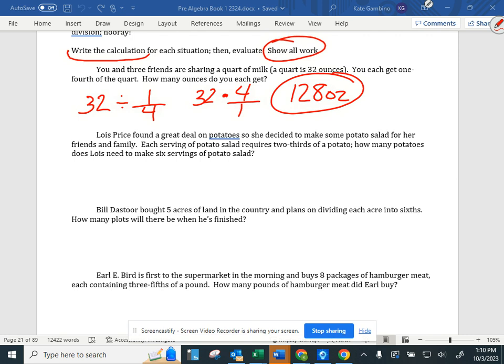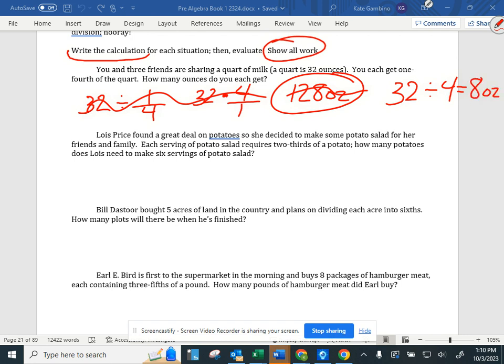quarts of milk. Okay. So am I dividing out the milk or am I dividing amongst the friends? Amongst the friends. I'm dividing amongst my friends. There are 4 people. So if I want to divide, it's 32 divided by the 4 friends, which would give me 8 ounces per person.